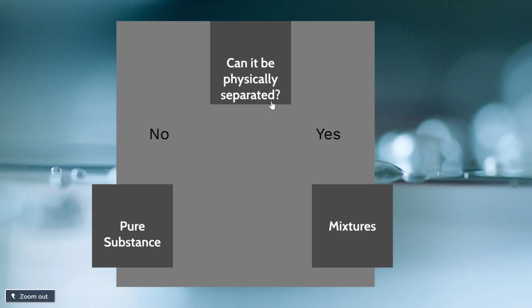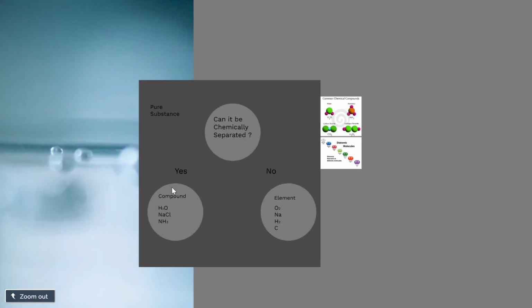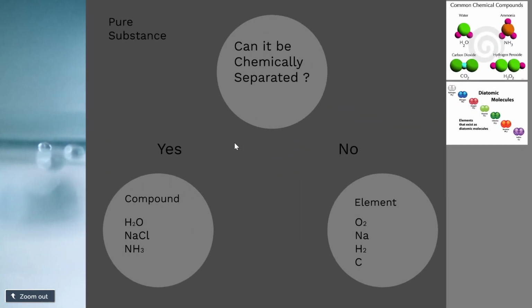So those are the two defining things to help us think, okay, is it a mixture or a pure substance? Now, if you determine that it cannot be physically separated or that it has a fixed composition, then you can go into the box of pure substances. Once you're in pure substances, you need to ask yourself, hey, can this be chemically separated?